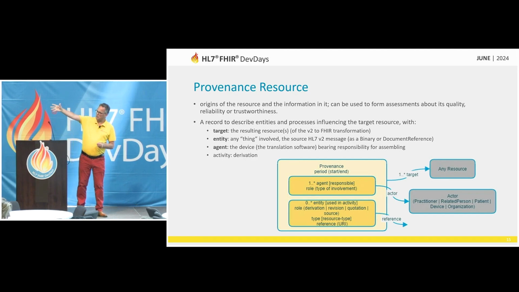Because let's say we receive 3 allergies from the lab system and we receive 2 allergies from the ADT system. In your CDR, you're probably going to store all 5. So you somehow have to maintain the fact that you received those 3 from the lab system and the other 2 were received from the ADT system.